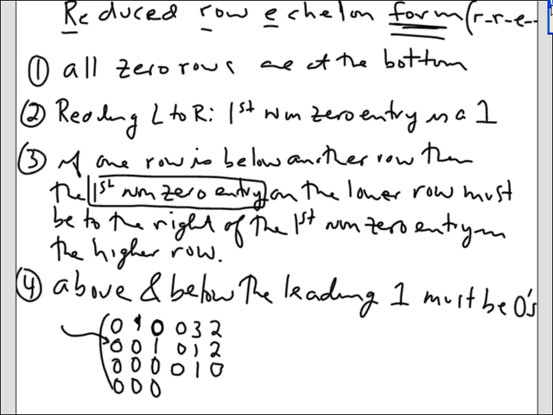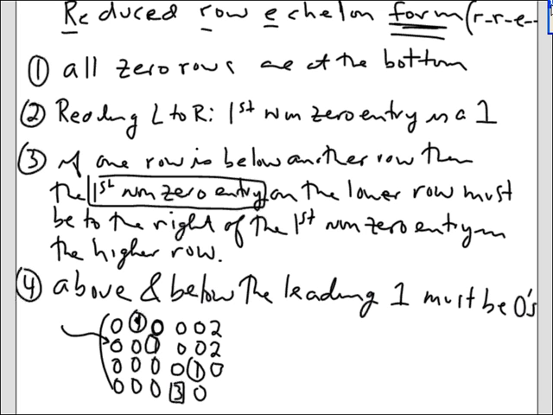Now, that's the leading 1, that's the leading 1, that's the leading 1. Well, there's a problem here, because what's above and below the leading 1 in row 3 must be zeros. I'm forced to put a 0 here, because even if I put a 3, it's the leading entry, so at some point I'm going to have to divide the row by 3.